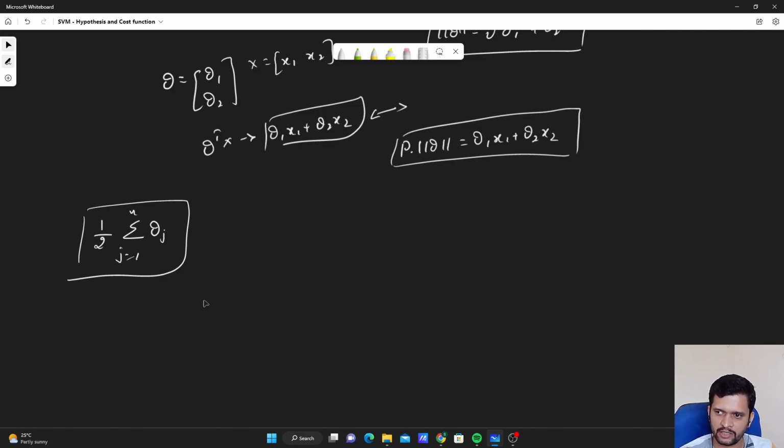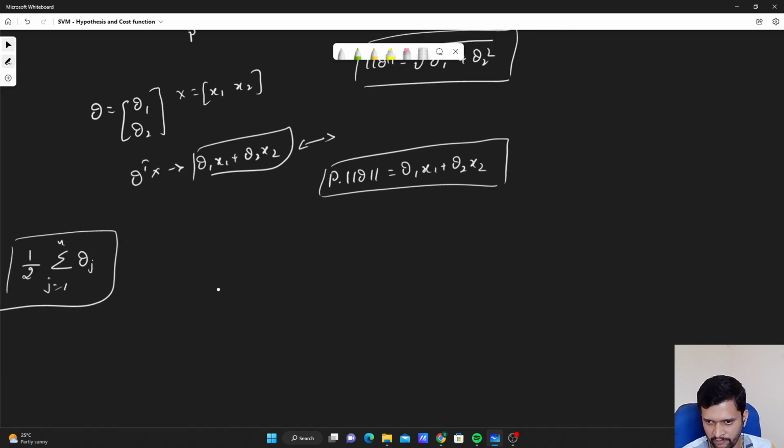Now if you check this particular step, we know that theta transpose x must be greater than or equal to plus 1 for positive examples, denoted by plus 1, and theta transpose x needs to be less than or equal to minus 1 for negative examples, correct?